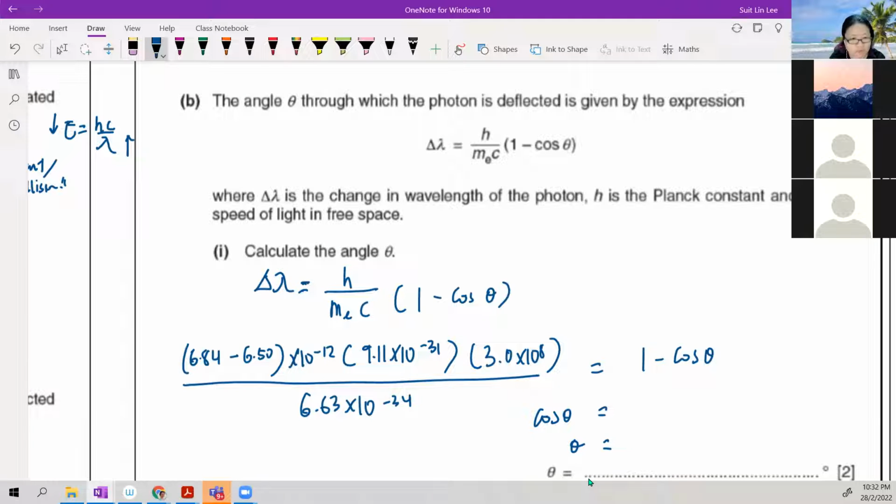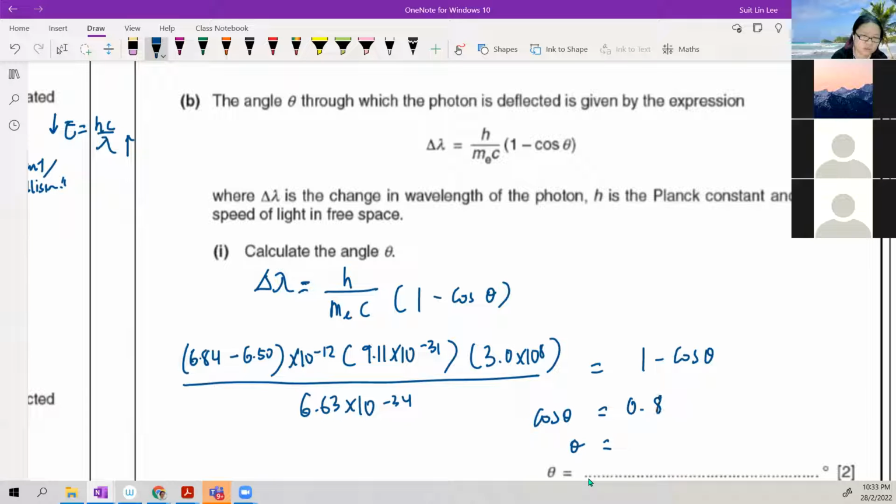You need to know where the equation comes from? Nope, not in your syllabus. It's the electron deflection equation. But if they give you, just use. So I got my cos theta is 0.8598.